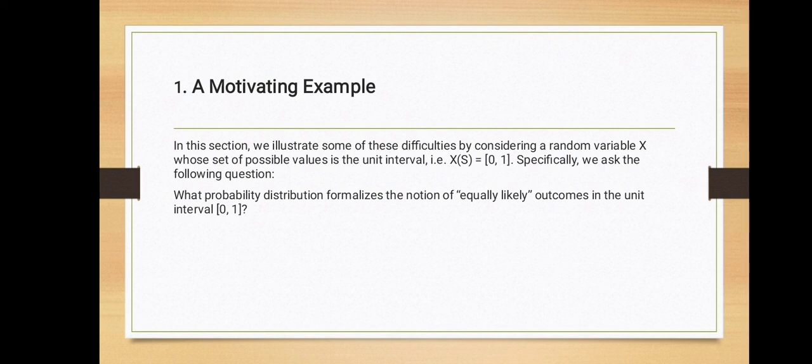Specifically, we ask the following question: what probability distribution formalizes the notion of equally likely outcomes in the unit interval [0,1]? Equally likely, then the probability of each subinterval equals the proportion of the entire interval occupied by the subinterval.